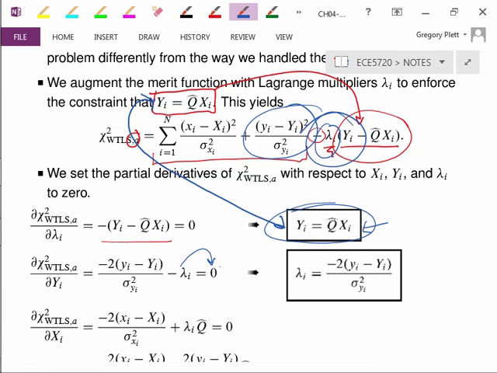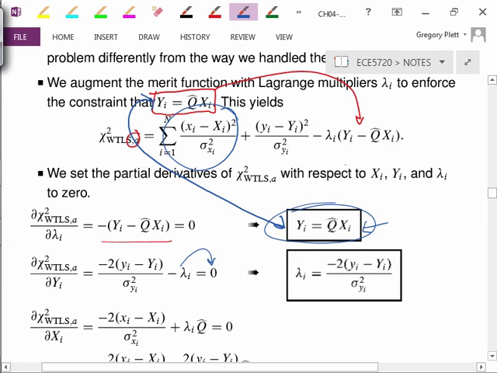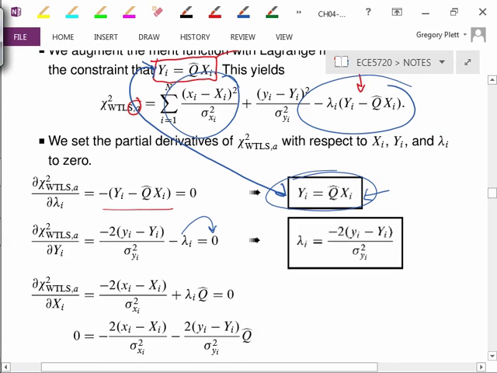And then I take derivatives with respect to the x_i. So it shows up here first. It also shows up there. So it's going to be minus 2 little x minus big X over sigma_x squared. And this is getting really messy. But you can see when I take the derivative of that term with respect to x, it's going to be plus lambda times q hat. And that's equal to 0.